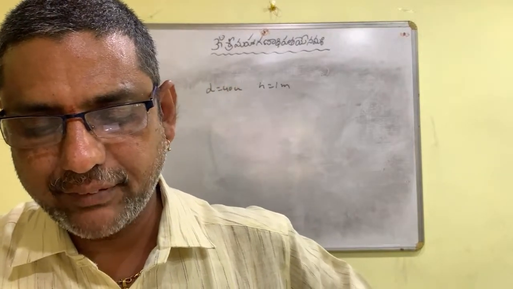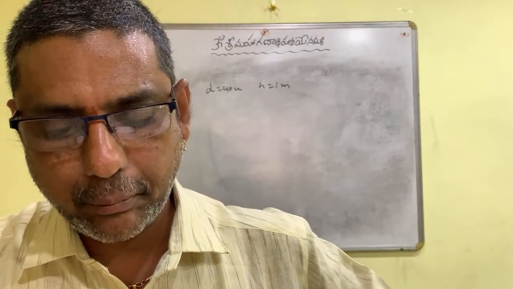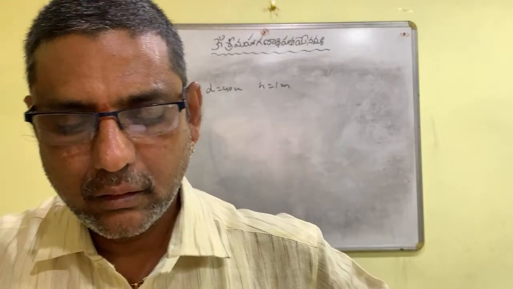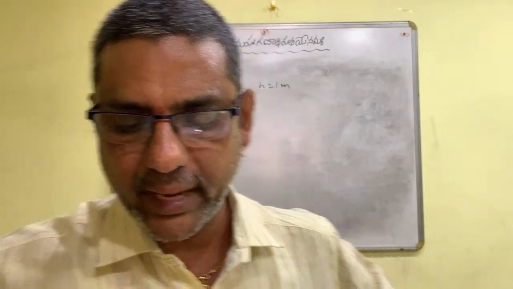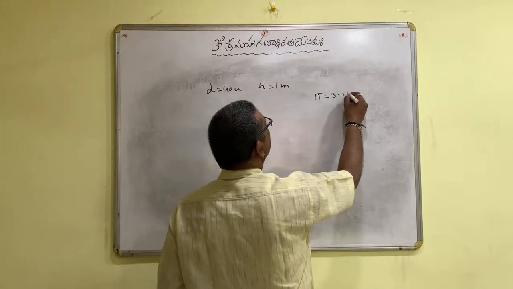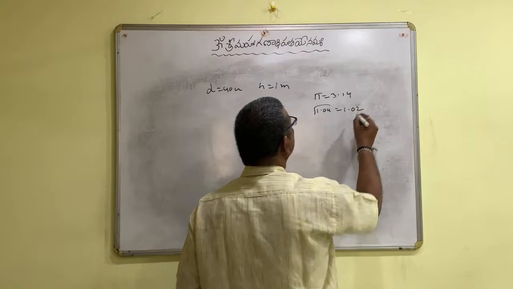If the outer side of each cone is to be painted, the cost of painting is 15 rupees per meter square. What is the cost of painting all these cones? Use pi as 3.14. Root over 1.04 is 1.02.